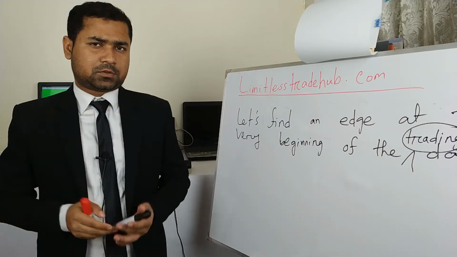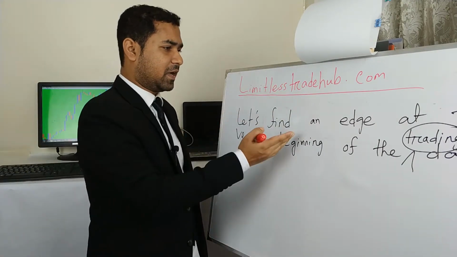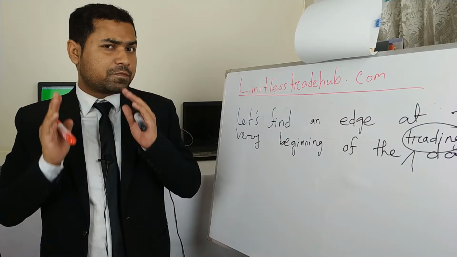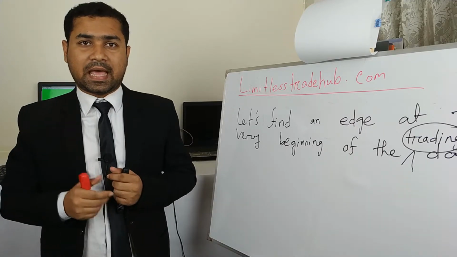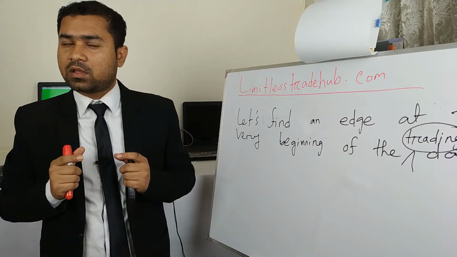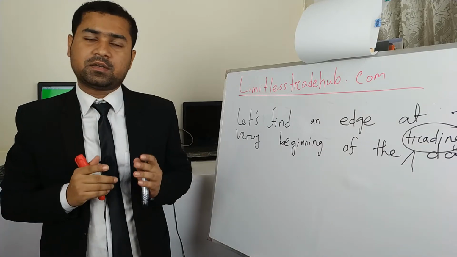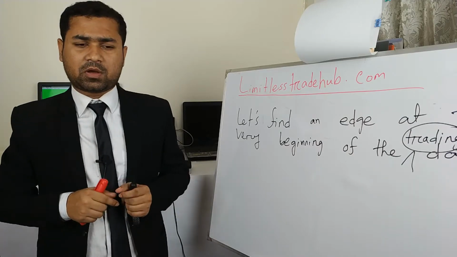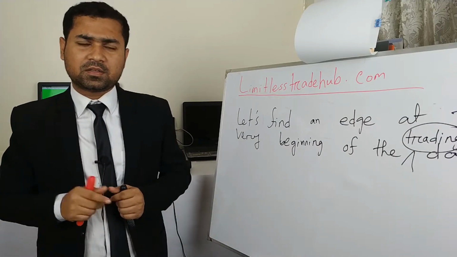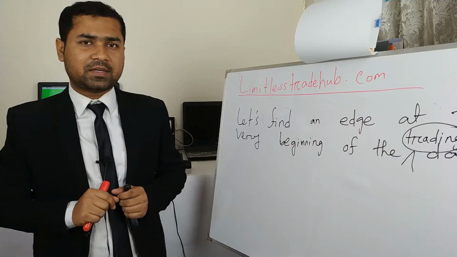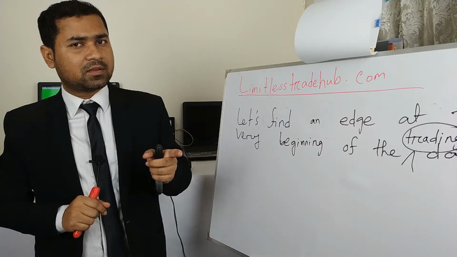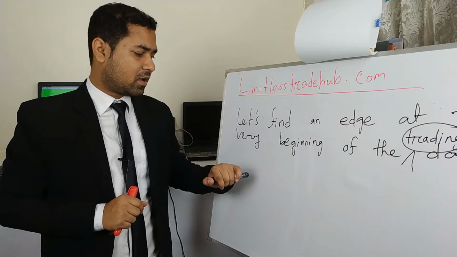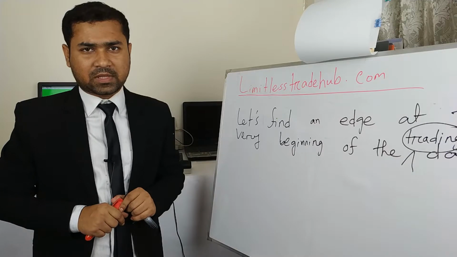From limitlesstradehub.com, our topic today is: let's find an edge at the very beginning of the trading day. That means if you can find an edge at the very beginning of your day, then you can be successful. How? Because for the rest of the day you will try to find buy or sell on your side.